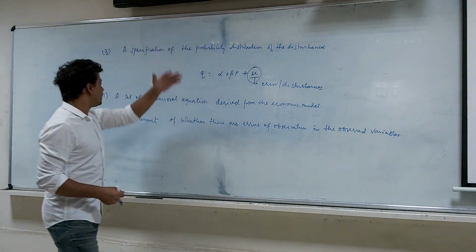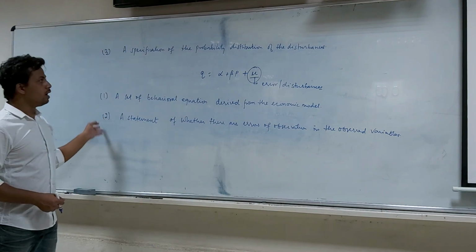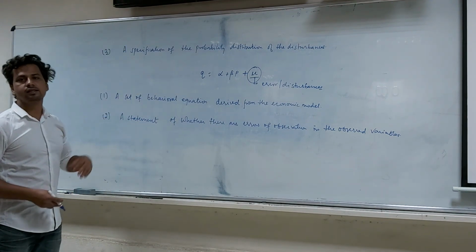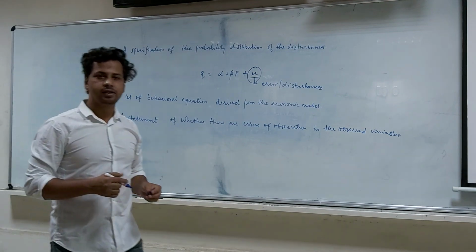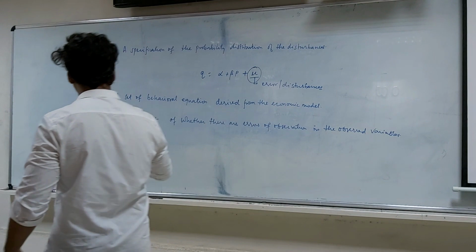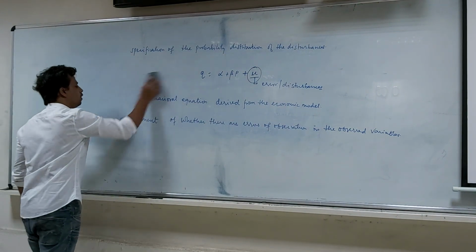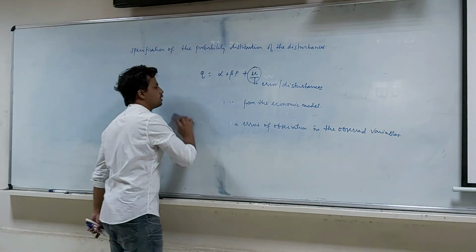So an econometric model consists of these three specifications. A combination of these three things formulates an econometric model. Now let me also give you a flow chart where you can understand how the usage of econometrics goes on.